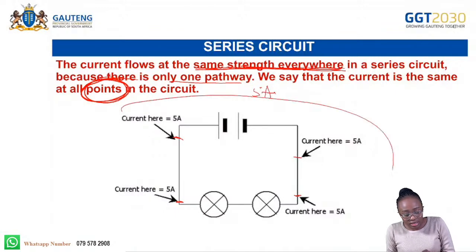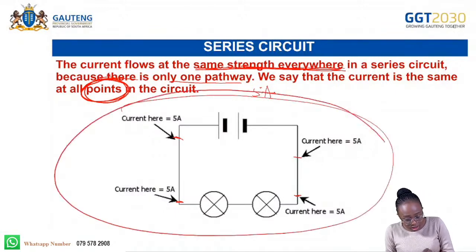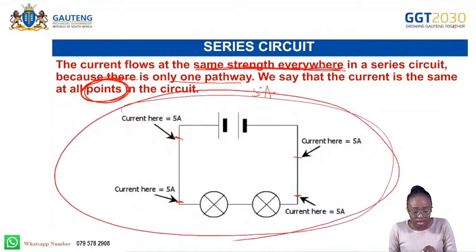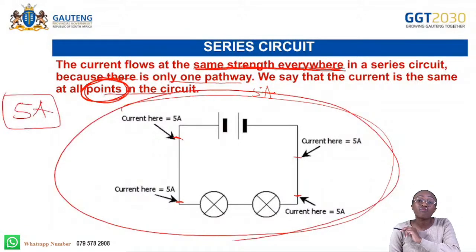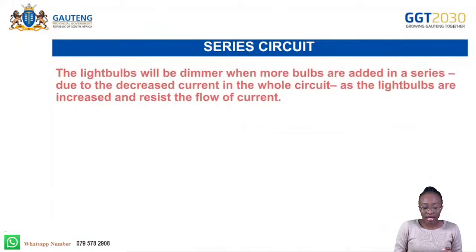So in this entire circuit, the current is flowing at the same strength, at each and every point in the circuit.